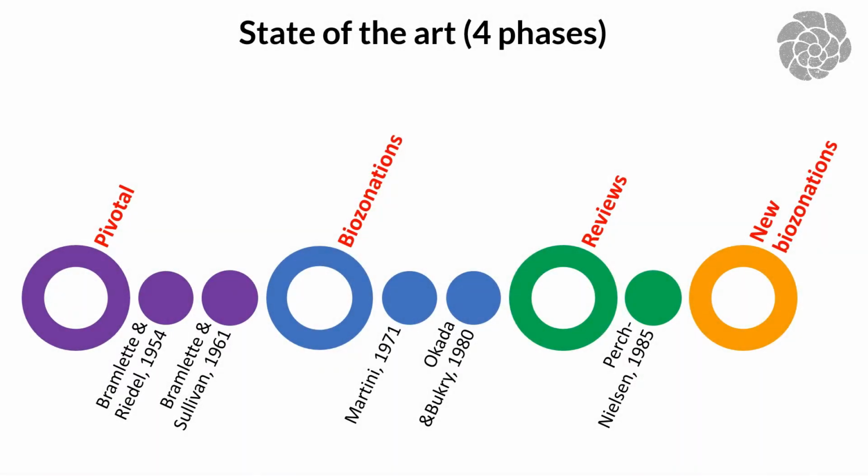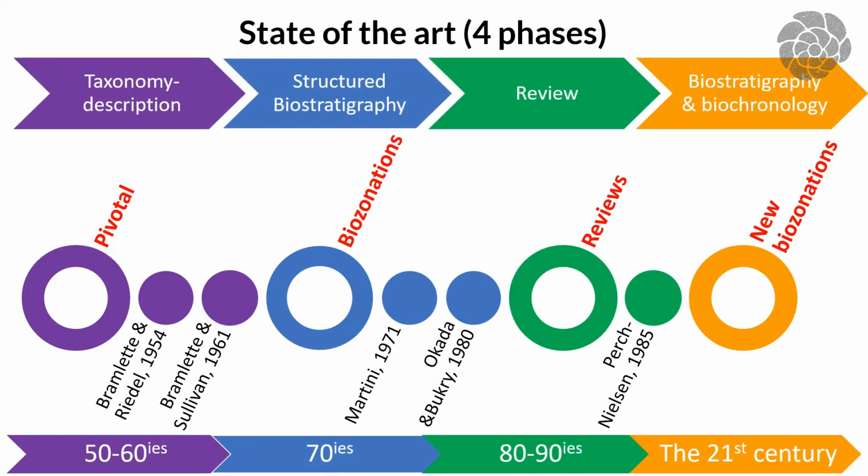So here I prepared a scheme of the four phases that I identified in the history of the study of this group. A first phase, here in purple, that I call pivotal, in which all the main and most important works were focused on the description of new species, so on taxonomy.